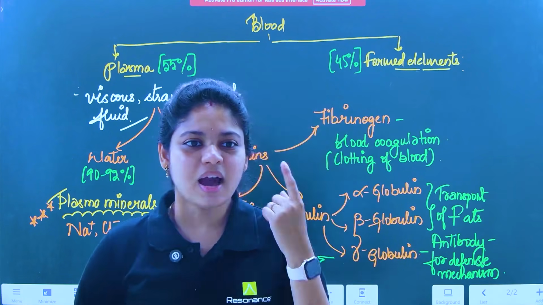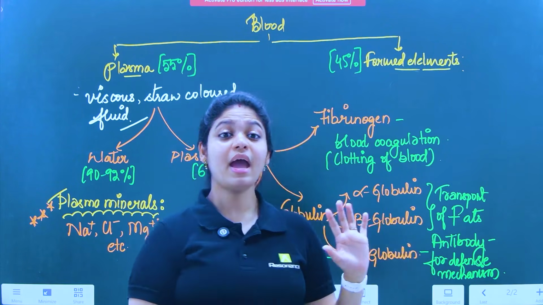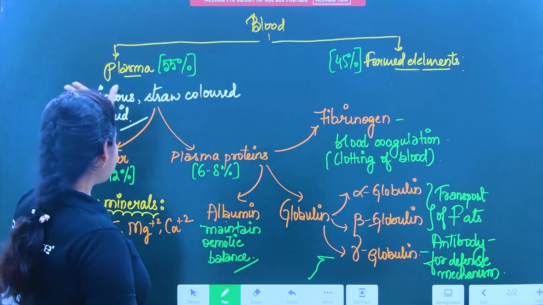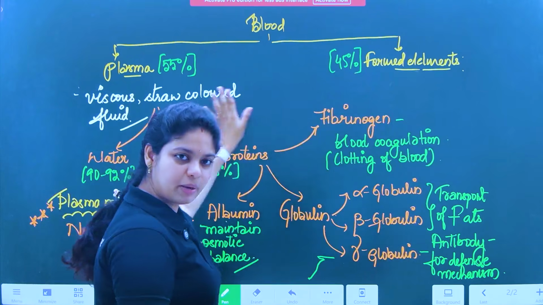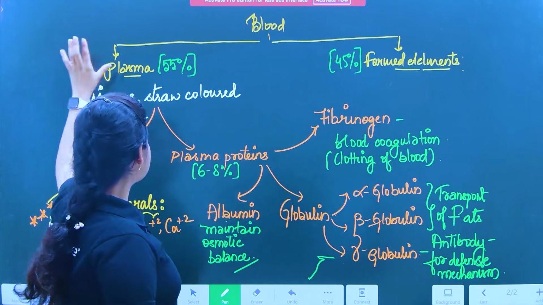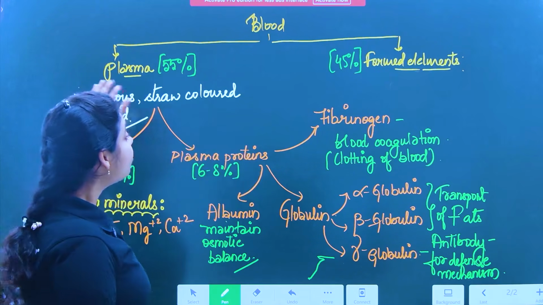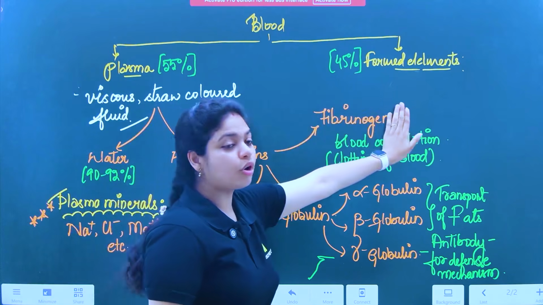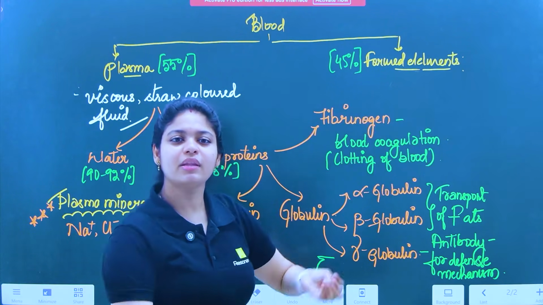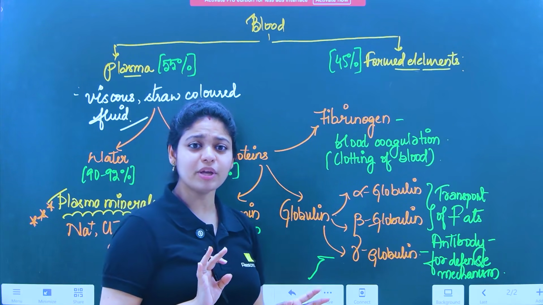Now, Aditi asked a question: what is the difference between plasma and serum? If you see over here, this is all the composition of plasma, right? So if I write now, see, plasma minus, I am removing the blood clotting factor, that is fibrinogen, from the plasma, then whatever is remaining is called serum. Got the point?